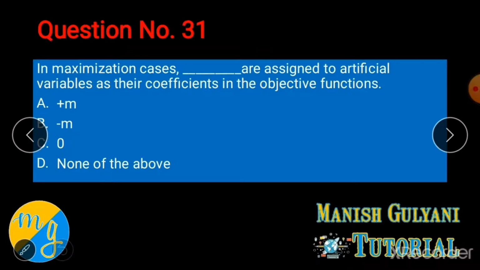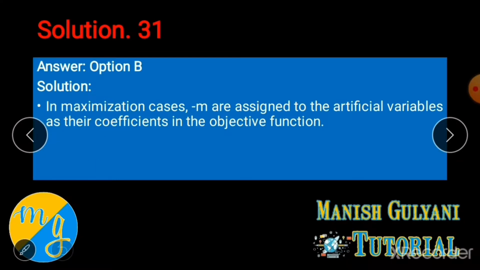I have repeated it so many times: if the case is maximization with mixed constraints, then you have to wait for the minus M. So in a maximization case, the answer is minus M. So option B is your correct option. In maximization, minus M is assigned to the artificial variable as its coefficient in the objective function.